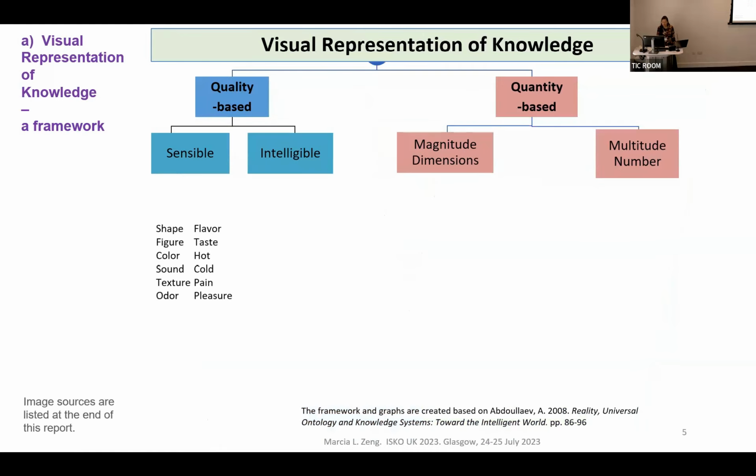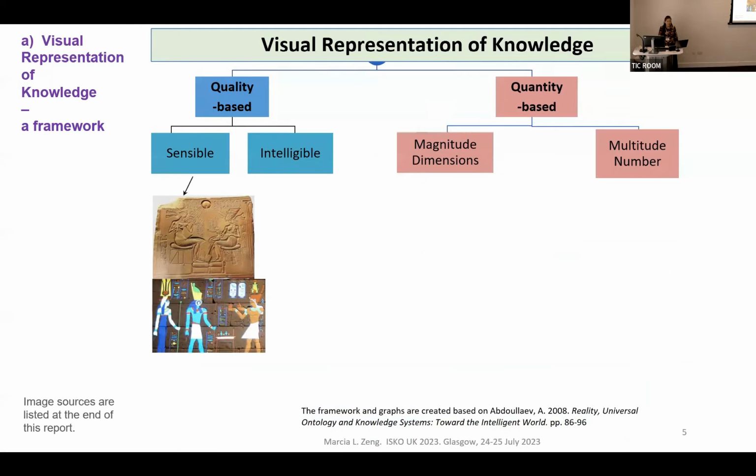So if it's sensitive, what we can see, based on what we can feel: the shape, the figure, the color, and even whether you feel, right? So I have some examples of this.